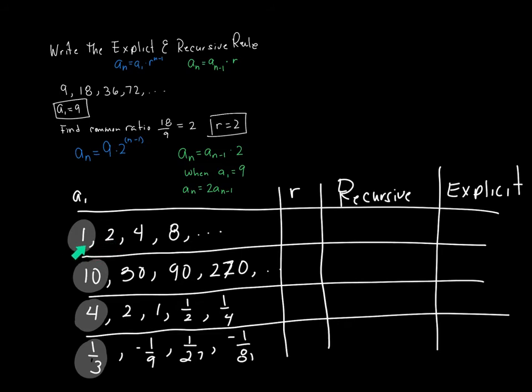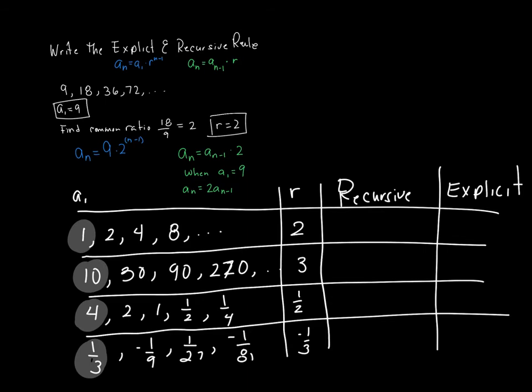So in this case, 2 divided by 1, which gives us 2. The next one is 30 divided by 10, which gives us 3. 2 divided by 4, and it always must be in this order, and that does give us a fraction ratio, which is 1/2. And the last one, which was negative 1/9 divided by 1/3, which means it's negative 1/9 times 3. So that ratio is negative 1/3.